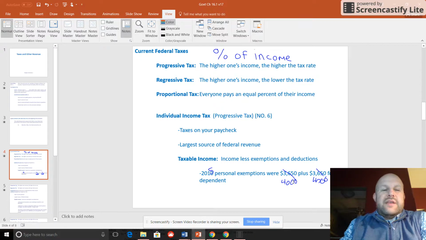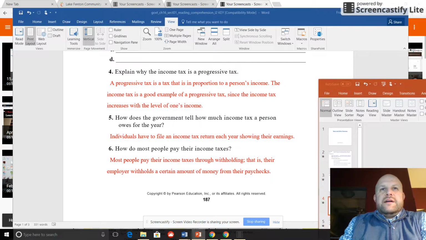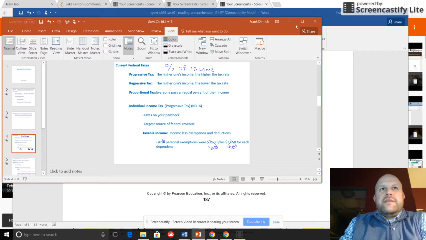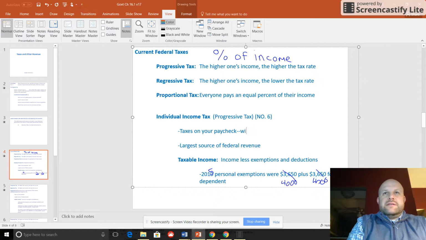That's why some people overpay on their taxes based on the exemptions and deductions, because they've paid too much, and that's why at April 15th you end up getting a refund. So again, number 6, taxes in your paycheck are the largest source of federal revenue. Most people pay through withholdings. We could change this to withholdings here.